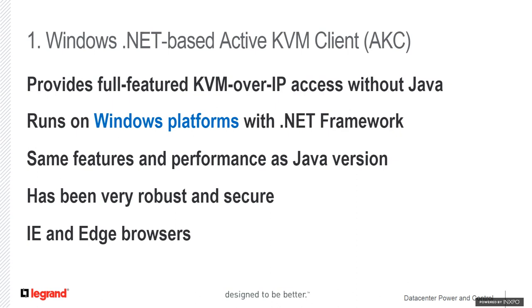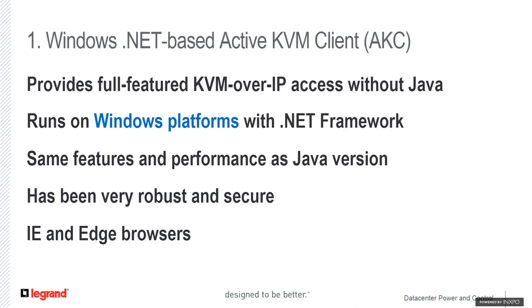Okay, so I mentioned the Microsoft Windows .NET framework, which we have a KVM client based on called AKC. This provides full-featured KVM over IP access without Java. It runs on Windows platforms, and basically the .NET framework comes with most Windows platforms, so it's automatically there for you.